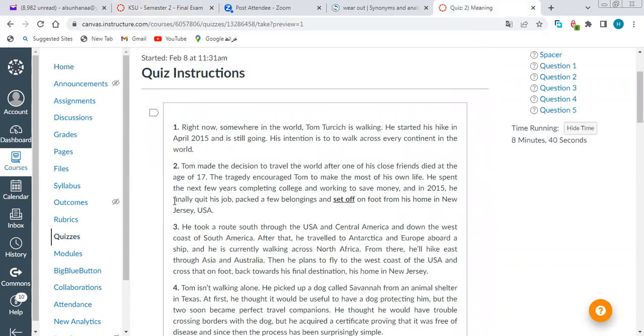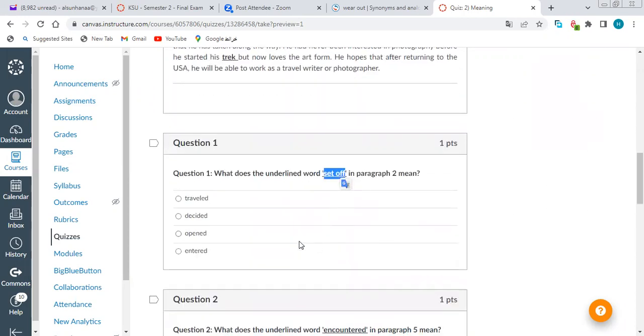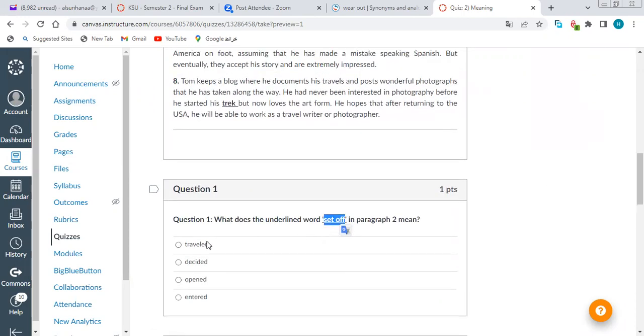So here it says, he finally quit his job, packed a few belongings, and set off on foot from his home in New Jersey, USA. So set off here means what?